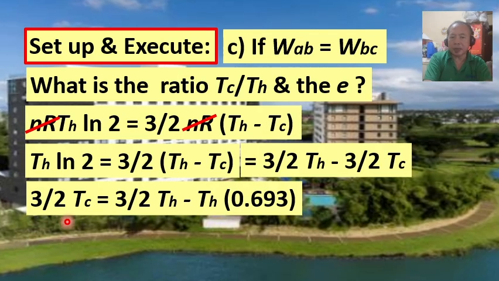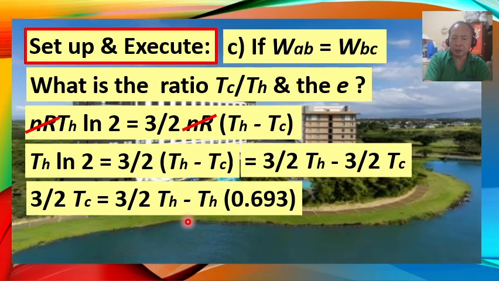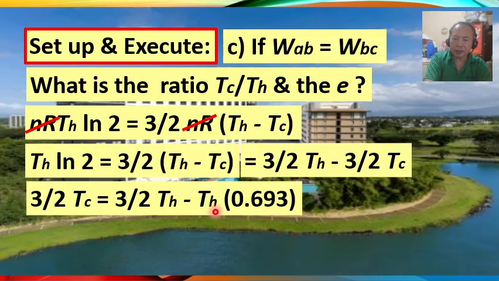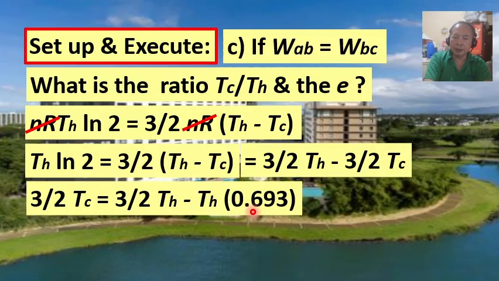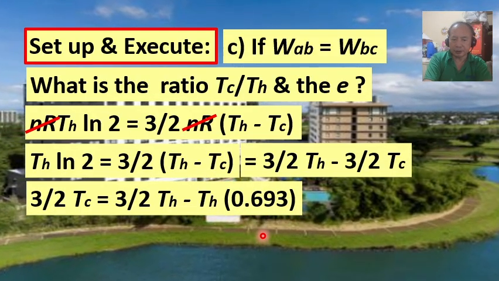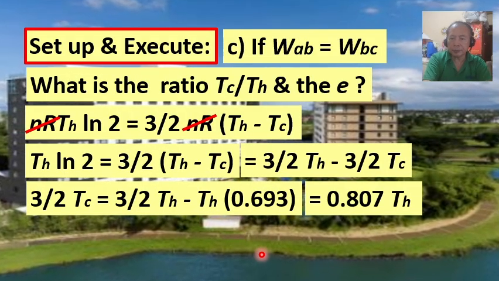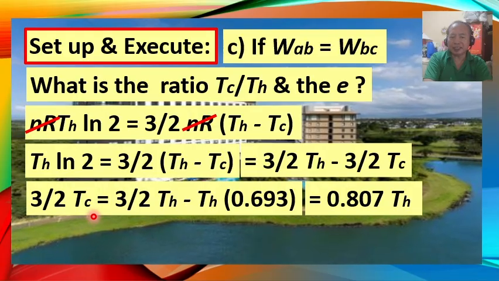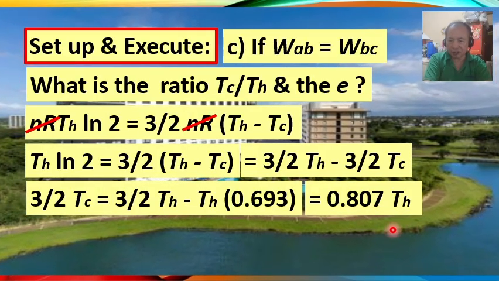We'll have 3 halves times Tc being equal to 3 halves Th minus Th times the natural log of the number 2, which is 0.693. So this simplifies further to 3 halves multiplied by Tc is equal to 0.807 Th.